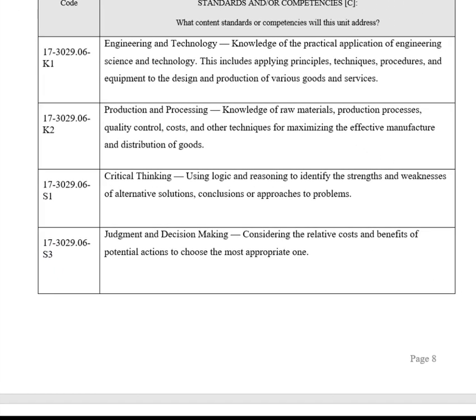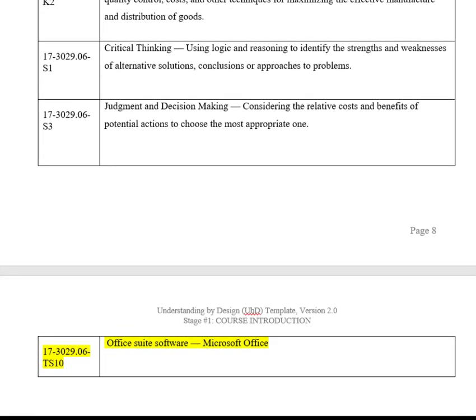Now, you have to understand these organizations will have tens, even hundreds of competencies listed, but you're only going to select the competencies that your unit is covering: what you want this unit to teach, and what you want students taking this unit to take away and be able to use in the future independently in a separate place other than the classroom.